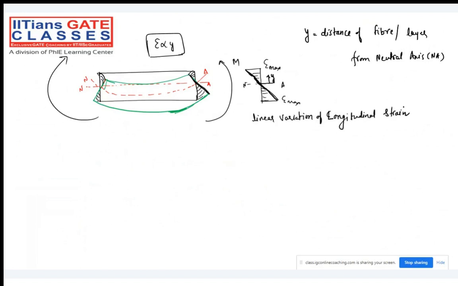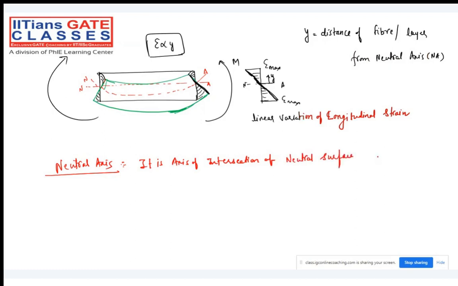Very important: what is the neutral axis? It is the axis of intersection of the neutral surface with the given cross section.